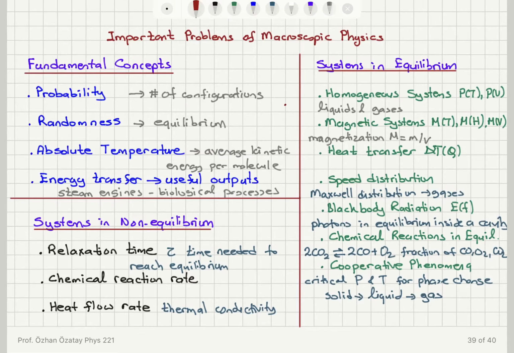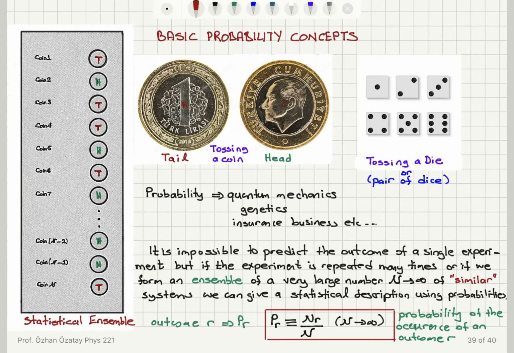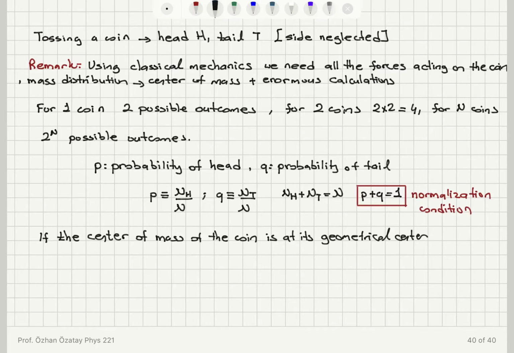Okay, for some reason I can't put a dot in the middle. Anyway, it's going to be right in the middle, let's say. Then I can predict from symmetry arguments that P must be equal to Q must be equal to 1/2.